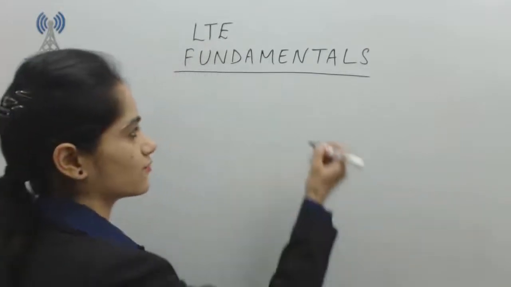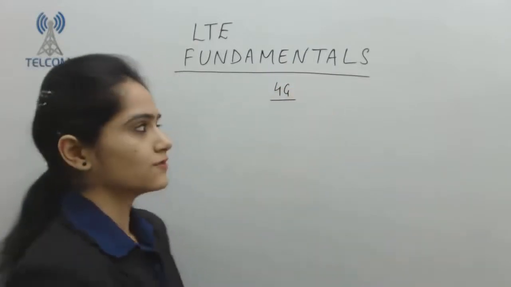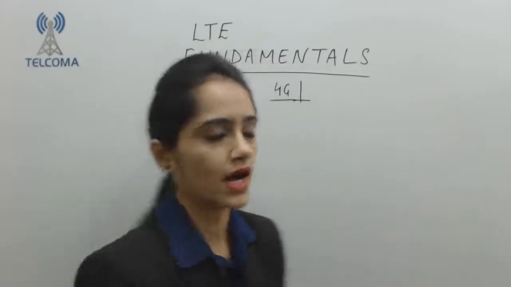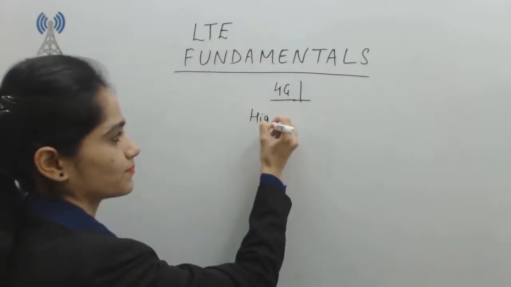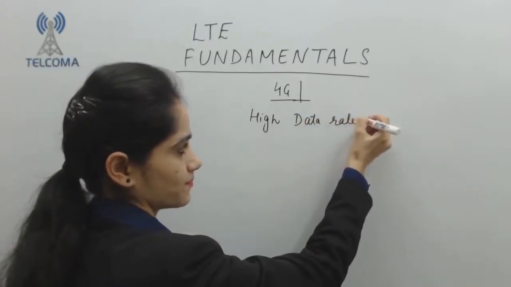So let's understand what is there in fourth generation and how 4G evolved. 4G, that means fourth generation, has a major aim of high throughput, or I can say the main aim of high data rates.